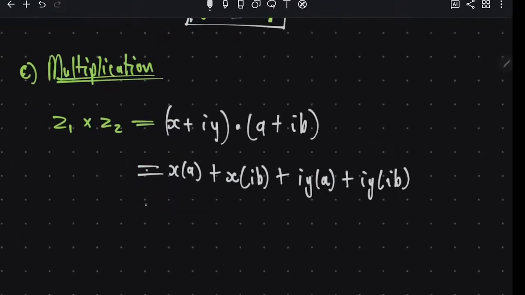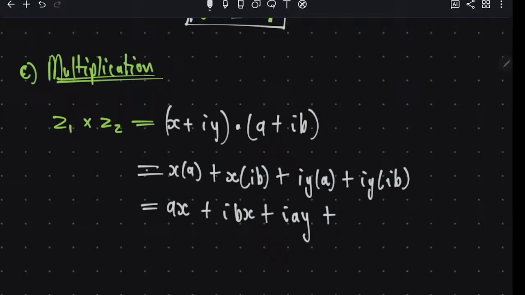And what you end up having is x times A, AX. X times IB is going to be BX of I, or if you want to say I, BX. Plus I times this, it is going to be I, AY.